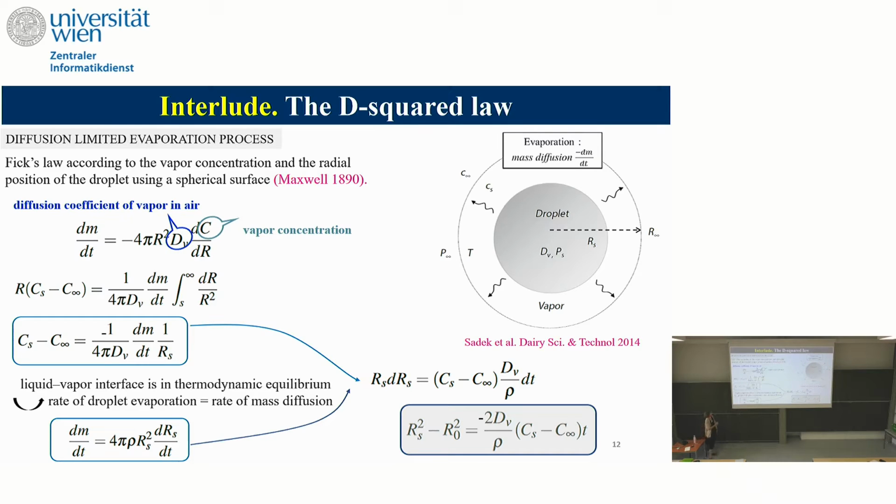This is derived from a simple Fick's law, where you consider the diffusion of water in the air. So you have a diffusion equation with the mass of water vapor over the surface R of your droplet, and then you have the gradient of vapor concentration along a radius. Then if you integrate this, you get this equation.